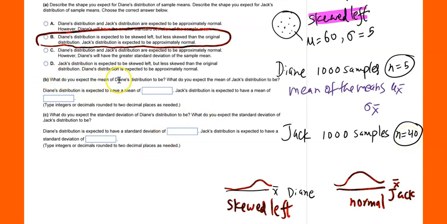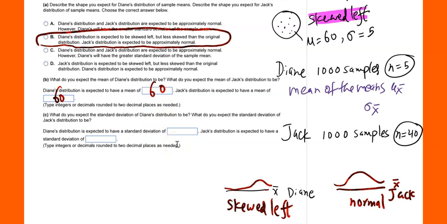Okay, part B. What do you expect the mean of Diane's distribution to be? What do you expect the mean of Jack's distribution to be? What do you think? Both are 60. Okay, and this time we expect both distribution means to be 60.